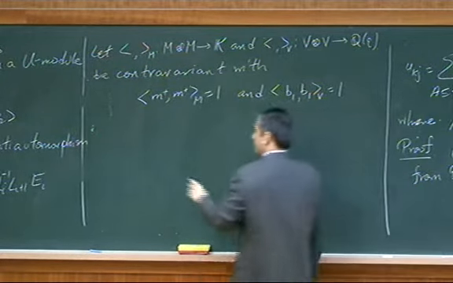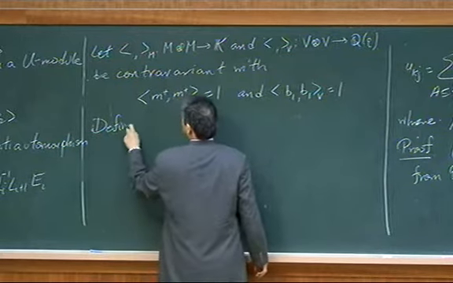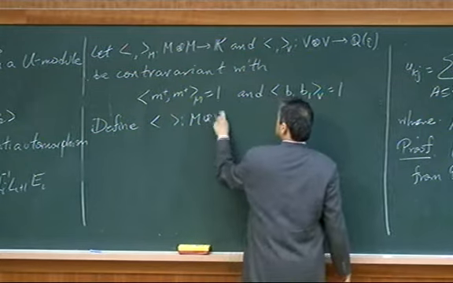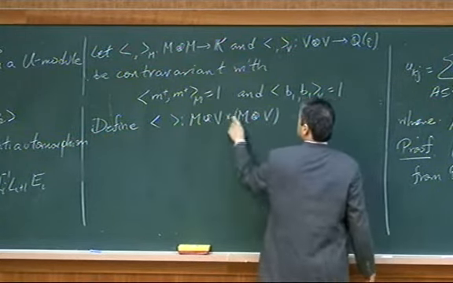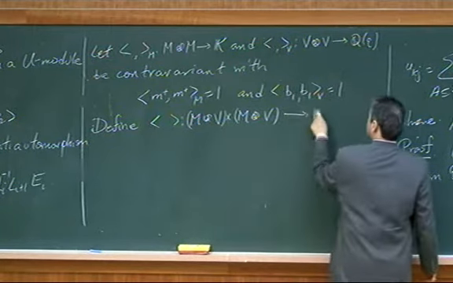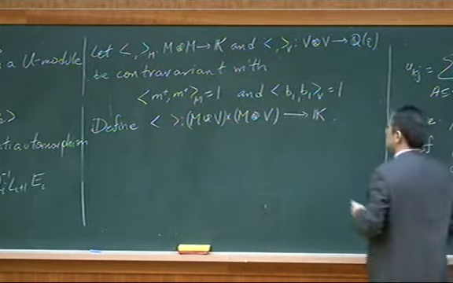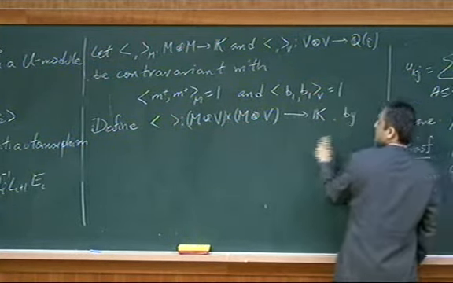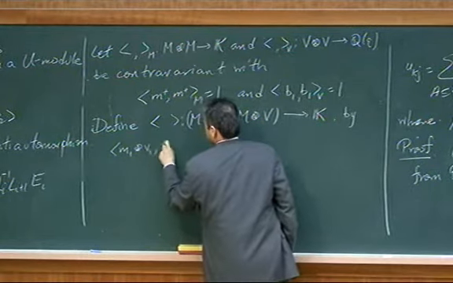Okay, so then I can define a form on the translated module. And this will have values in K. It will be K bilinear, by just taking the tensor product of the two forms.